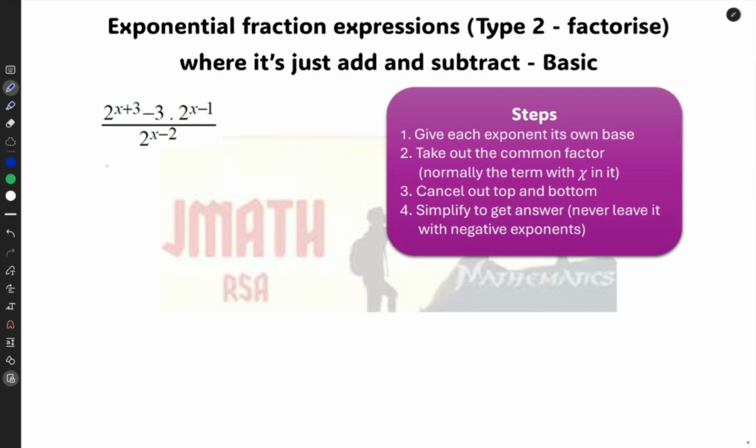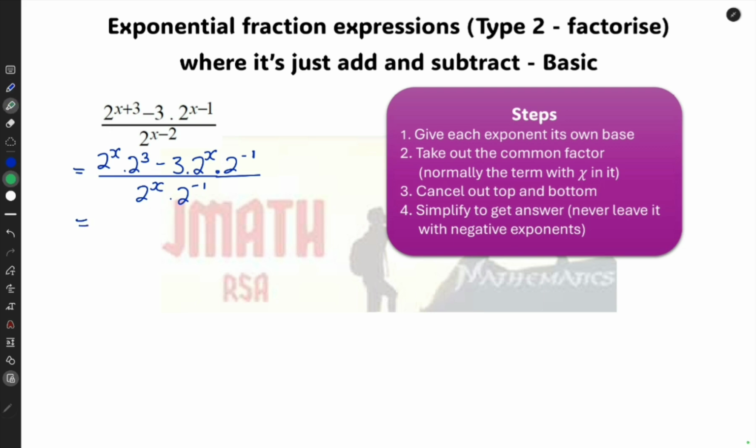First things first, give each exponent its own base. 2 to the power x times 2 to the power 3 minus 3. Now here we can do this again, 2 to the power x times 2 to the power negative 1. At the bottom, we can also split 2 to the power x, 2 to the power minus 2.